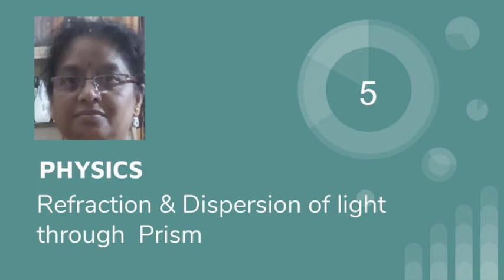Another consequence of scattering is the reddish appearance of the sun at sunrise and sunset. At the time of sunrise or sunset, the sun is near the horizon and therefore sun rays travel a longer path through the atmosphere.